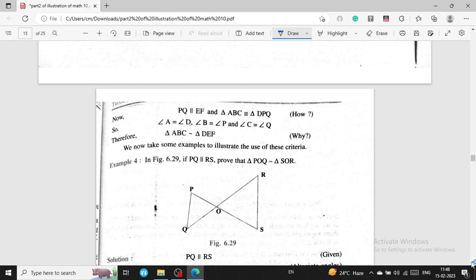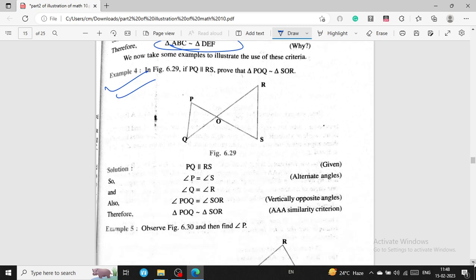Angle A is equal to angle D, angle B is equal to angle P, angle C is equal to angle Q. So that's why triangle ABC is similar to triangle DEF. Now next, examples. We will take examples on the basis of these theorems. You can clear each and every theorem properly.